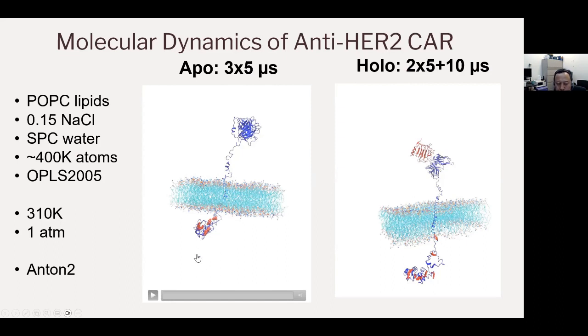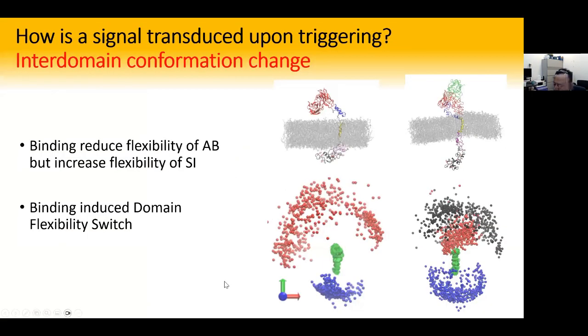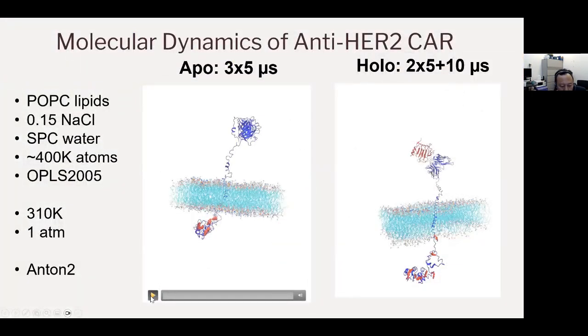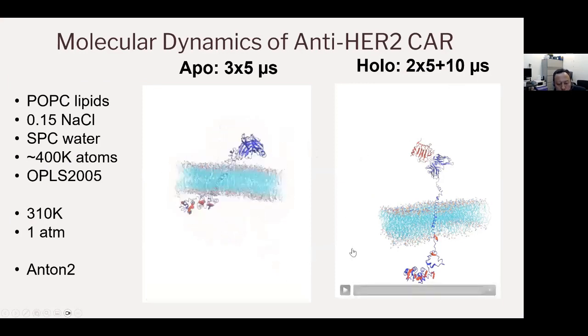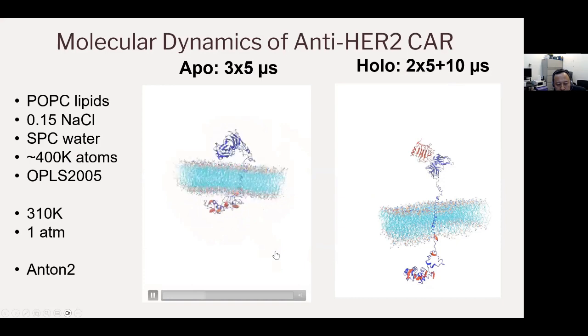Let's look at the simulation result. Can we learn something about signal transduction across the membrane? So this is without the antigen. Without antigen, you can see this portion tries to associate with the membrane, but it's not fully buried in the membrane.